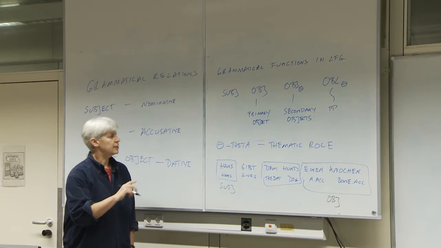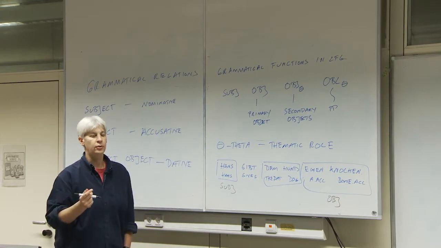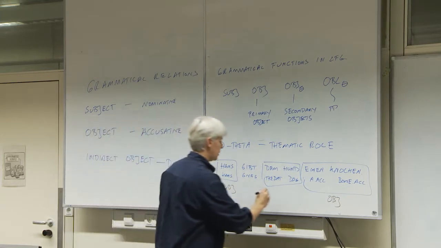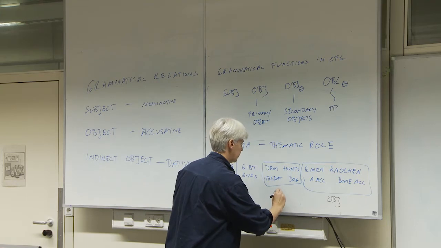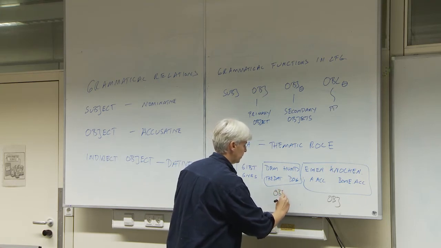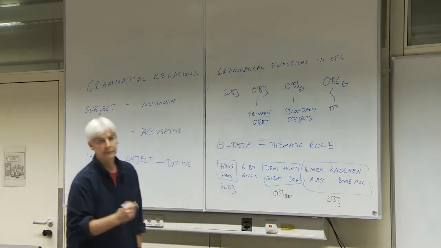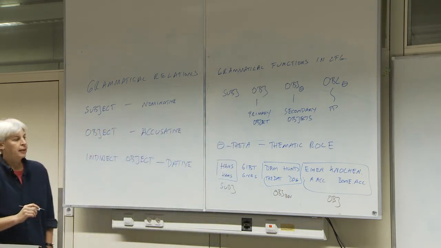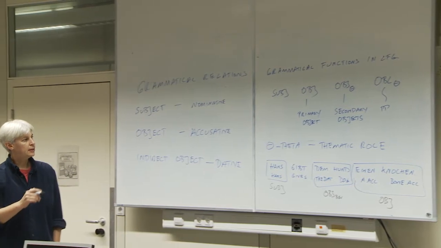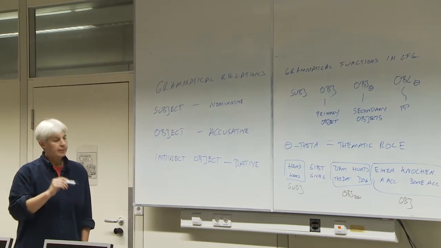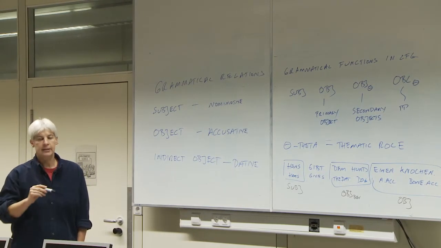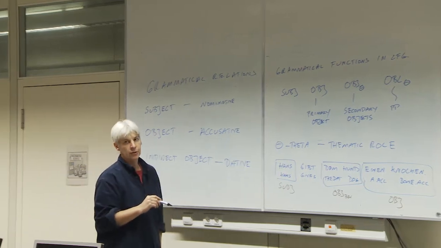So the theta stands for there's some thematic role, and then you're free to substitute in that thematic role. So what you generally do is say something like beneficiary maybe, or goal, or whatever, okay? And the reason you don't just write object theta is that in some languages you can get several of these, or you can give different ones.